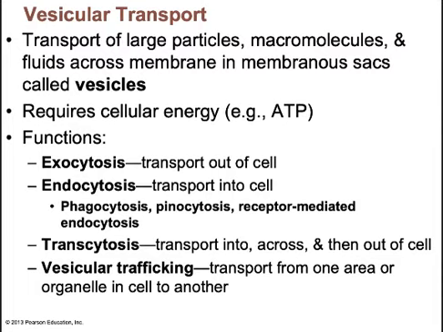It might be fused with a lysosome. It might be utilized in transcytosis, where we move the material across the cell and exocytose it out of the other end of the cell, or it might fuse with another membranous organelle in order to drop off its payload. Okay?